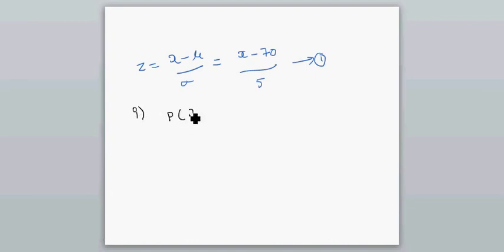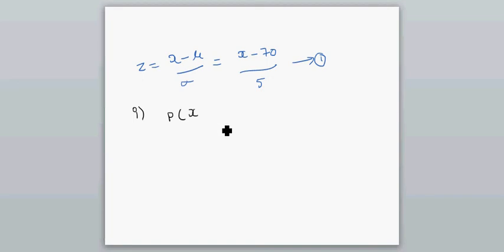So what is that formula? We have Z is equal to X minus mu by sigma. In this problem, mean mu is given as 70 and standard deviation sigma is 5. Let it be equation 1. Now this is the first question: the probability that X is less than 65.